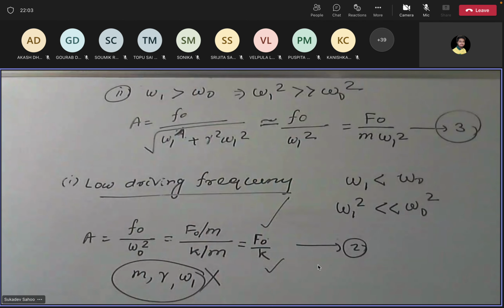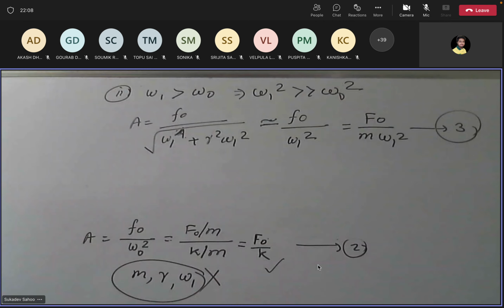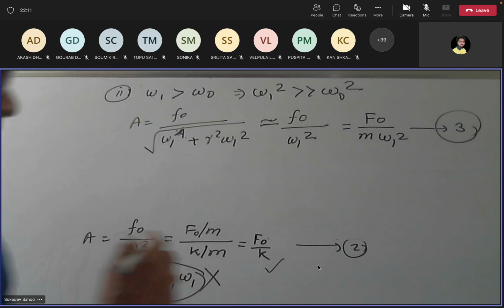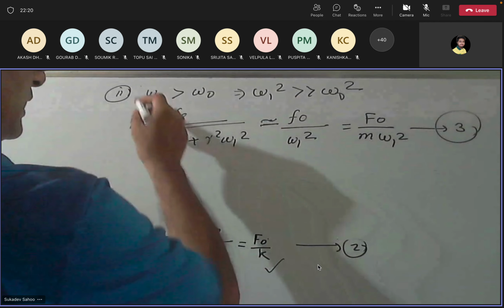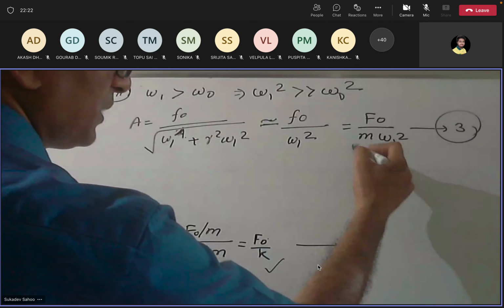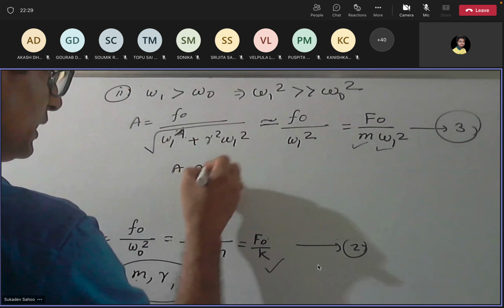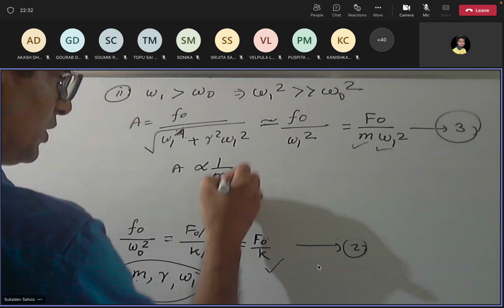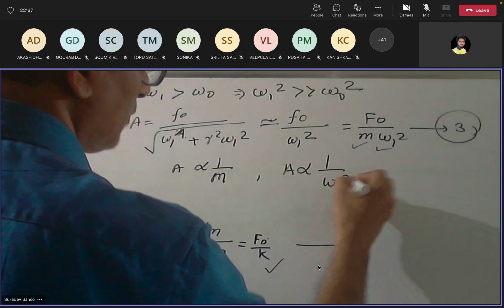Because we know that small f0 equals capital F0 divided by M. So you will see that in case of a low driving frequency, the amplitude depends upon F0 and spring constant, and is independent of M, gamma and omega. But in case of a high driving frequency, it depends upon M and omega 1 square. So we can say that at a high driving frequency, A is inversely proportional to mass, as well as inversely proportional to omega 1 square.